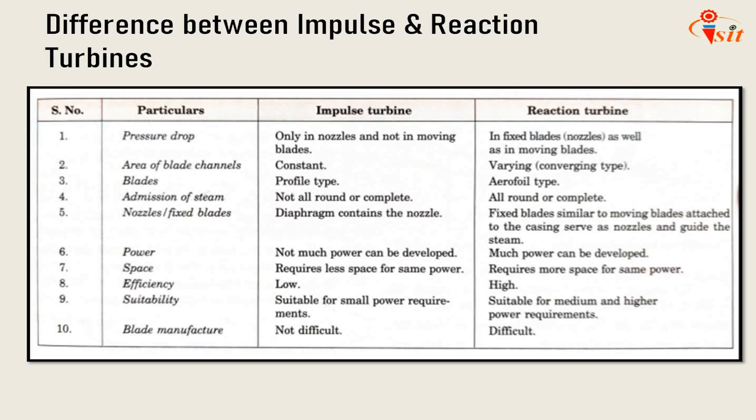And the last one, blade manufacture. Manufacturing is difficult in case of impulse turbine. Reaction turbines, aerofoil type blade manufacture is difficult in case of reaction turbines. In impulse turbine it is not difficult. So these are the differences between the impulse and reaction turbines.